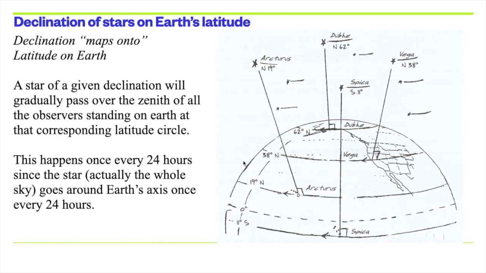Why? Because Earth is rotating in this direction from west to east. Therefore, the whole sky is moving around Earth's axis apparently. The star Arcturus, at 19-degree north declination, will move over the zenith of all the observers standing on 19-degree north latitude on Earth. And this happens every 24 hours.